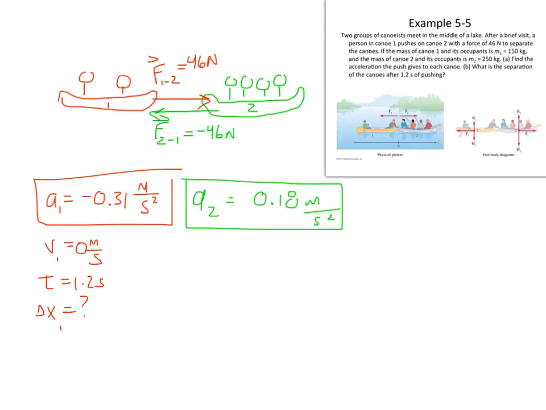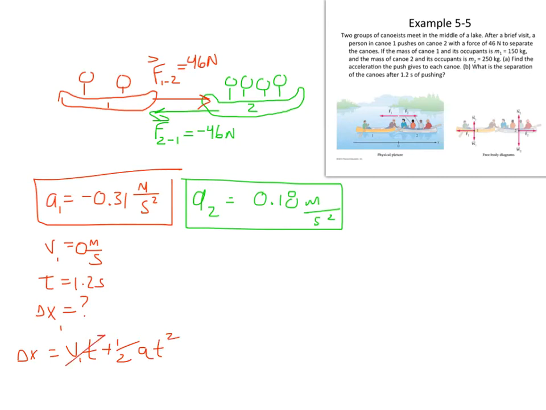So we have our acceleration right here. We have initial velocity and time. I think we have a kinematics equation that we can use to solve for that. Displacement, the x, sorry for that noise you probably hear, that's my dogs running around upstairs, equals initial velocity times time plus 1/2 acceleration times time squared.